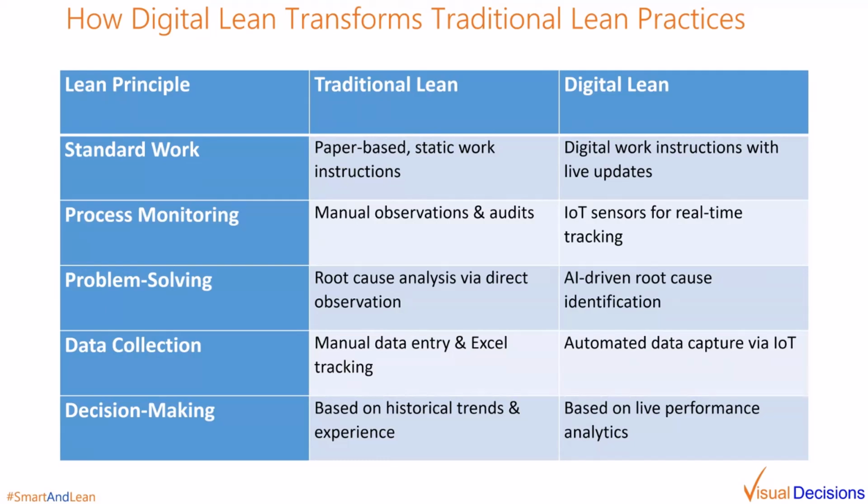A lot of manual data entry can be replaced via automatic data capture, and the decision making that's based on historical trends and experience can be based on live performance analytics. And so, very much improving the efficiency of lean itself. So digital lean really optimizes and accelerates those lean improvements by leveraging that real-time data and automation.